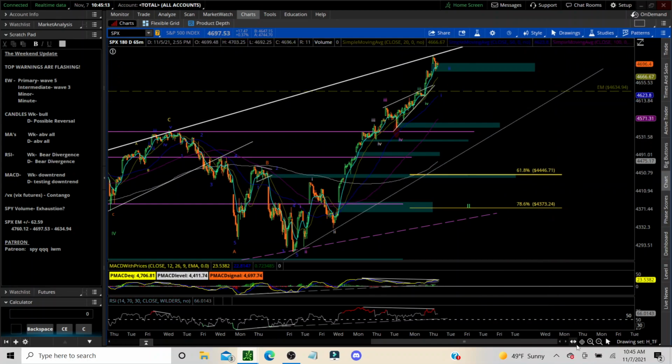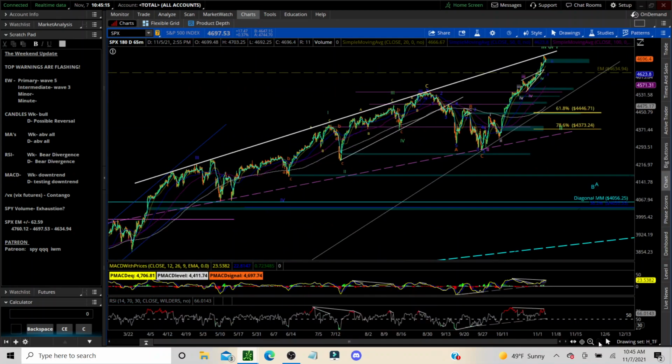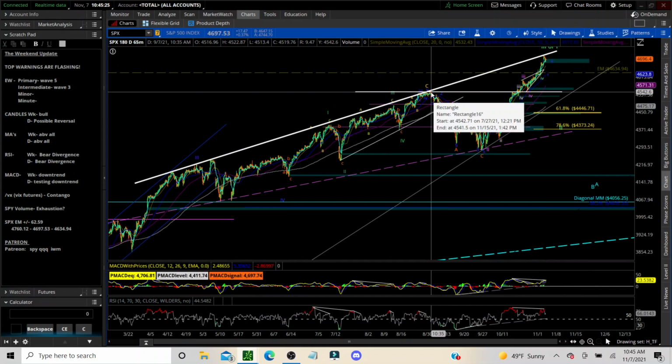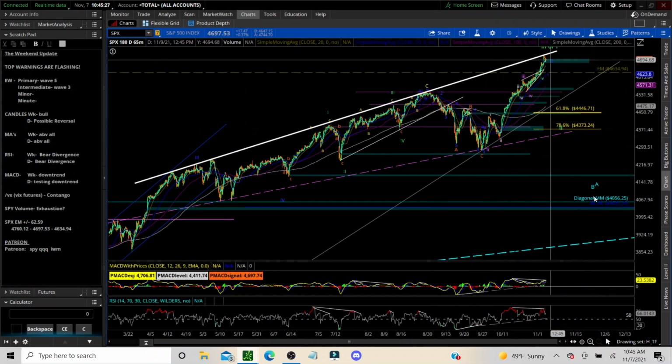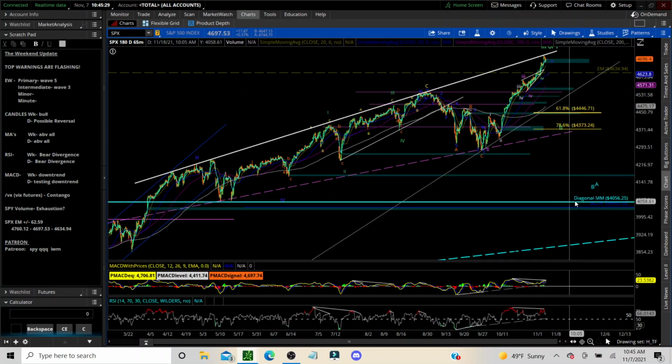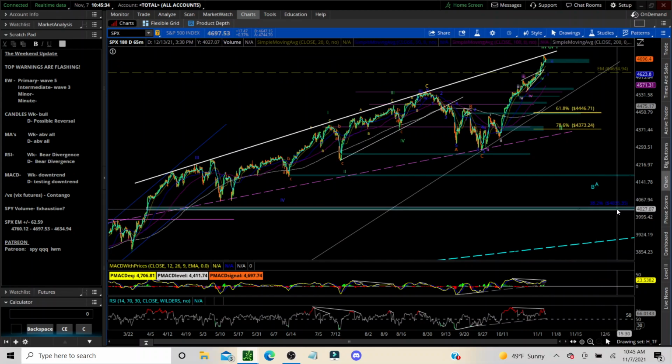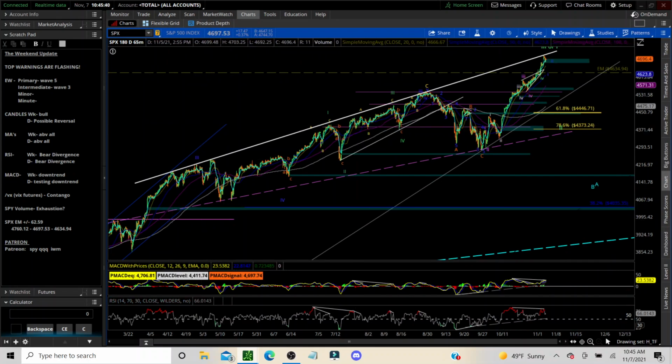Now that's the secondary alt. Well, I guess what we're looking for is the primary situation right now. But if this is an extended ABC, then we're looking at areas down, possibly all the way down to the 4,000 or 403 area on the SPY.